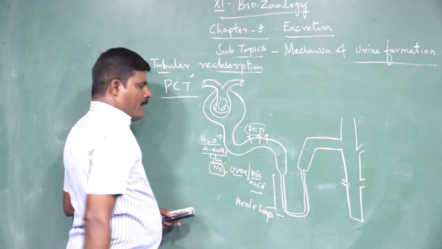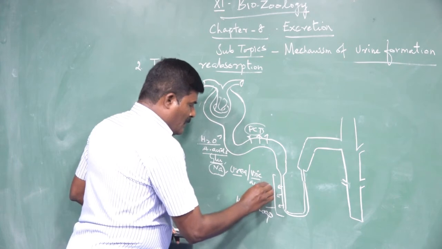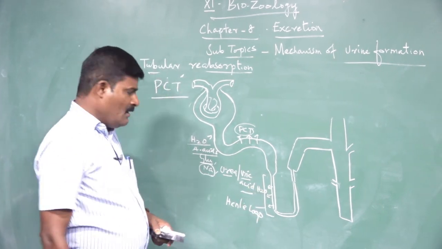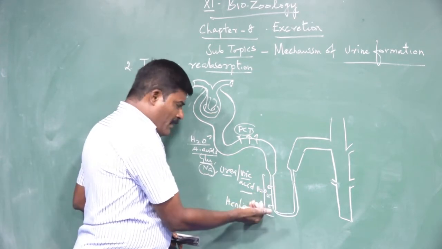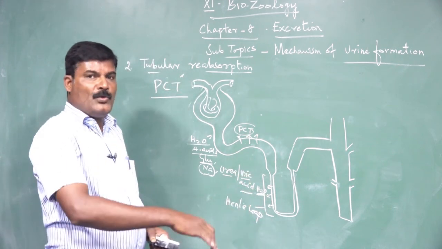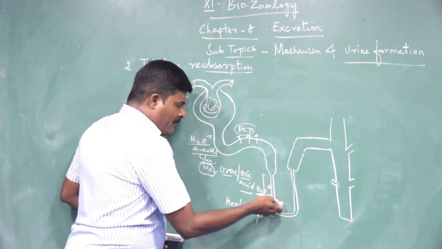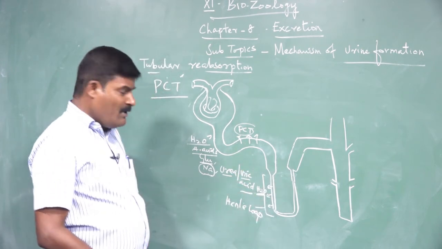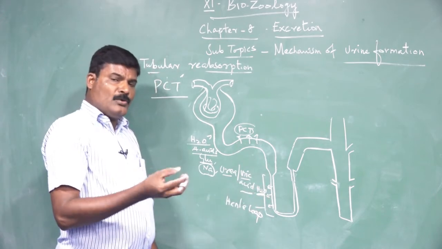Henle's loop is more permeable to water and impermeable to sodium and chloride. Listen carefully. The thin descending limb of Henle's loop is permeable to water and impermeable to sodium and chloride. Once the water moves from the glomerular filtrate into the tissue fluid, the concentration of sodium and chloride increases, because the filtrate contains water with sodium and chloride.